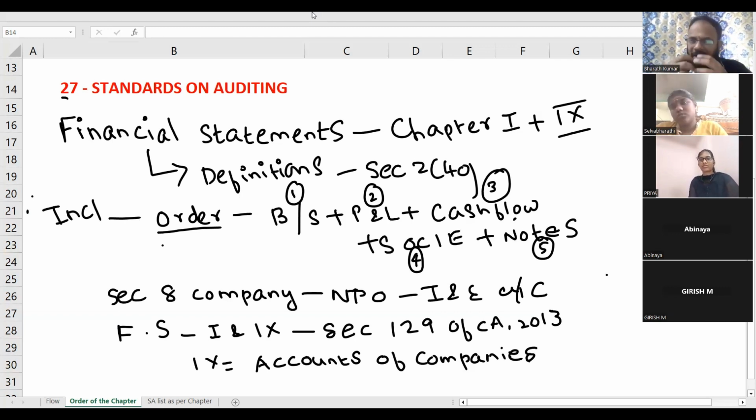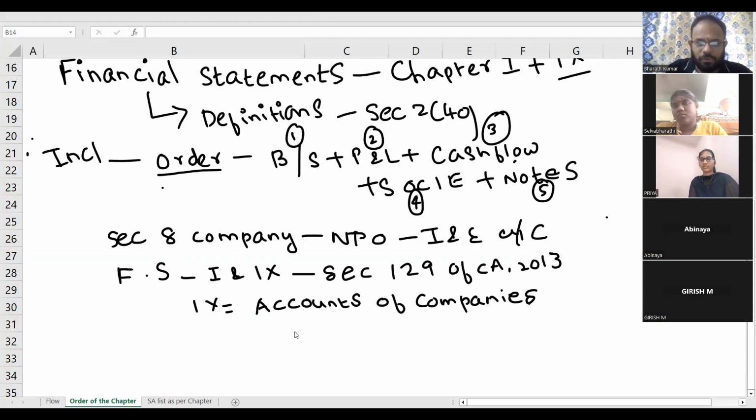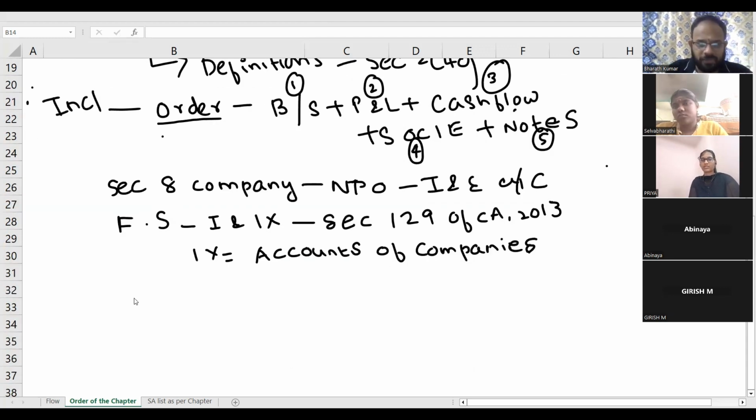Report means CARO, the Company's Auditor's Report Order. Only when you do accounting, you will do auditing. For accounting, you should know accounting standards. For auditing, you will have to know auditing standards. Now see what I will do. Then I will go to the audit definition. Now guys, we are talking about AS and SA, correct or not?